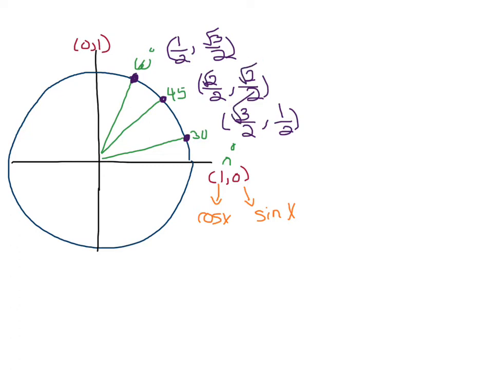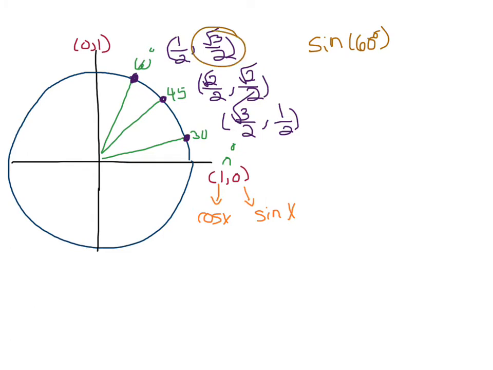Now, if you notice, for 60 degrees, we have the x-coordinate equal to 1/2, and the sine coordinate is equal to root 3 over 2. So what that means is, if I wanted to find the exact value of, let's say, sine 60 degrees, well, I know sine is represented by the y-coordinate.